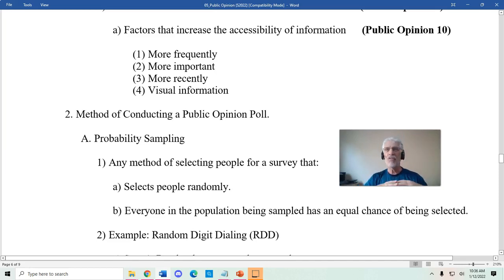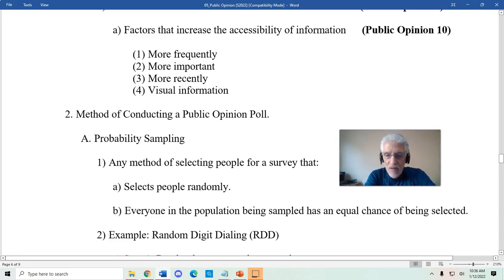Public opinion polls don't do a good job of estimating people's overall long-term opinions because how people respond to survey questions is based on what happens to be at the top of their head at the particular time that they're asked a question. Like in the previous example, the person who was listening to liberal talk radio or conservative talk radio, that completely shaped whether they approved or disapproved of the job the president was doing.